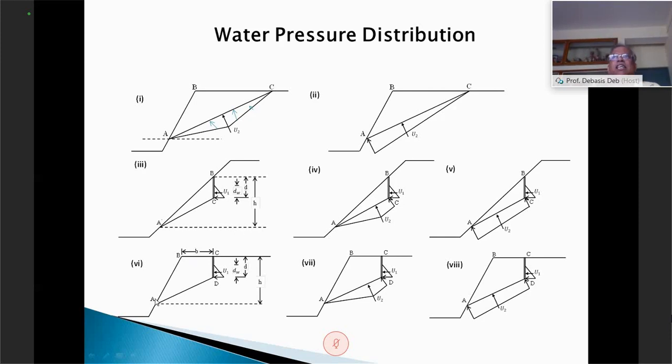This is the most common, the maximum cases occurring in India, because we are not that cold a country, so water will not become ice inside, and in most cases we see water is coming out.